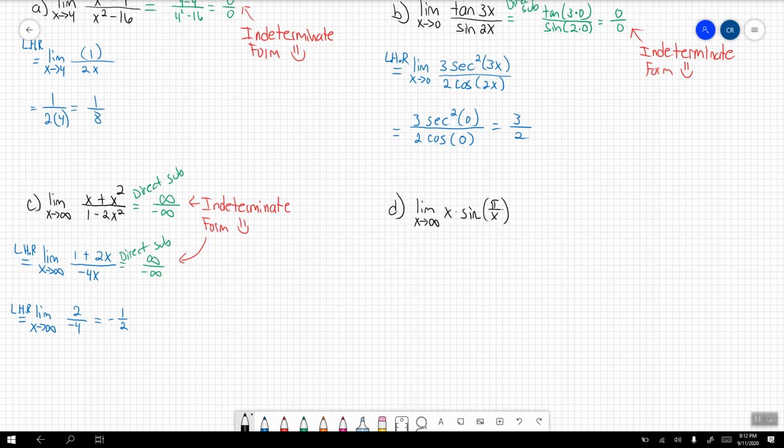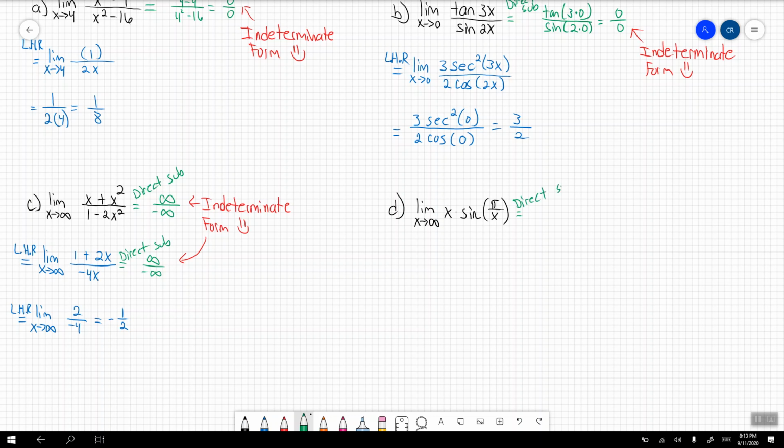Okay, so here we go with this one. Again, some of you might be saying, well, we might be able to use maybe some sort of squeeze theorem here. Okay, yeah, great. We might be able to. However, let's check to see if we can use a direct substitution first.